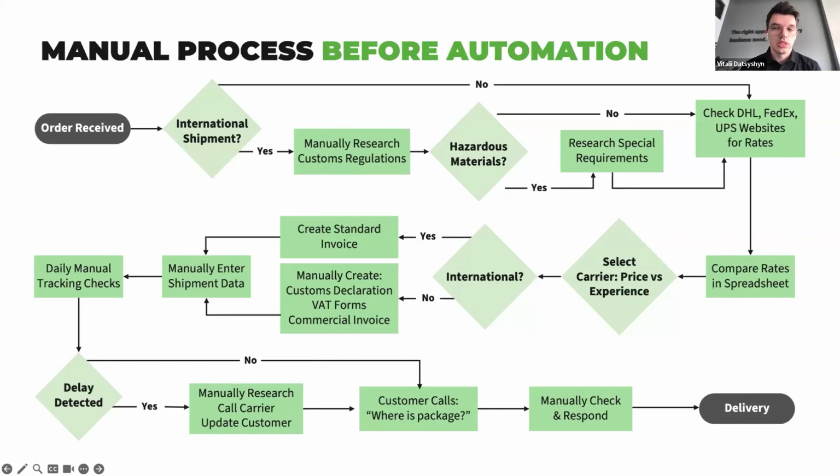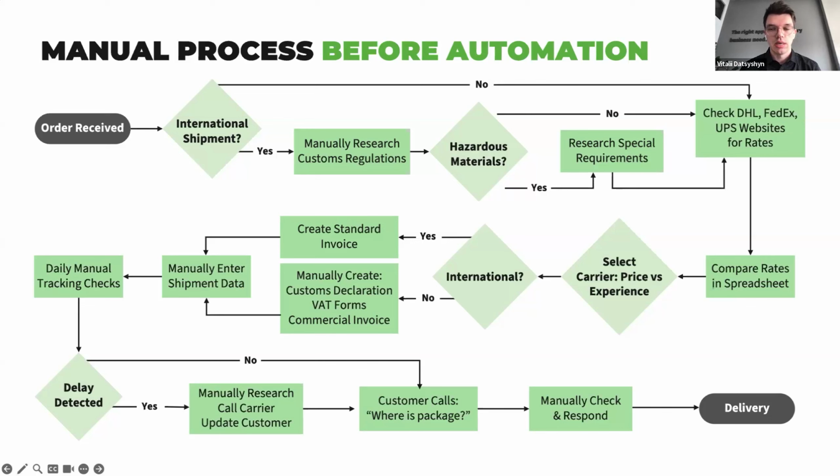Then comparison in just a spreadsheet and selecting one of them. After that, creating required documentation, filling out the forms, and manually tracking shipments and notifying customers, especially if any delays were detected. The company struggled with a fragmented process, manual documentation, and lack of real-time visibility into shipment status.